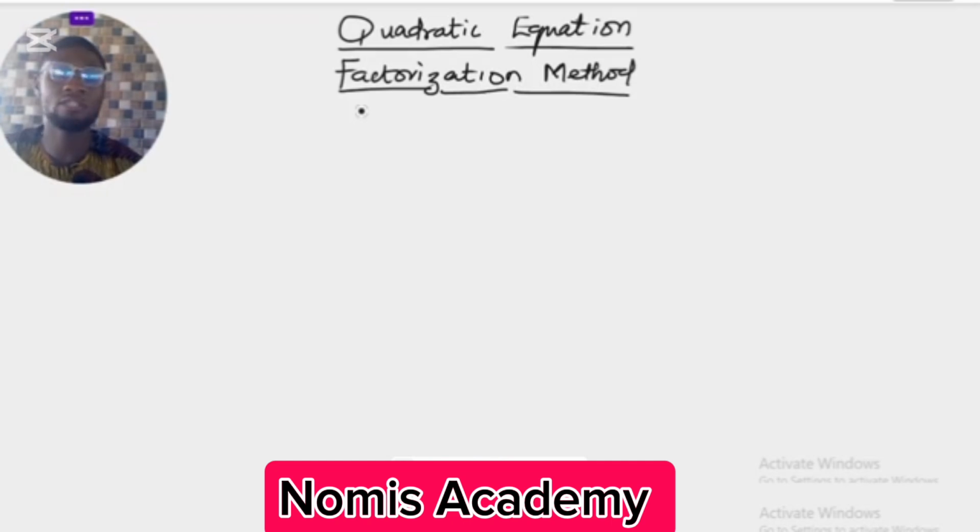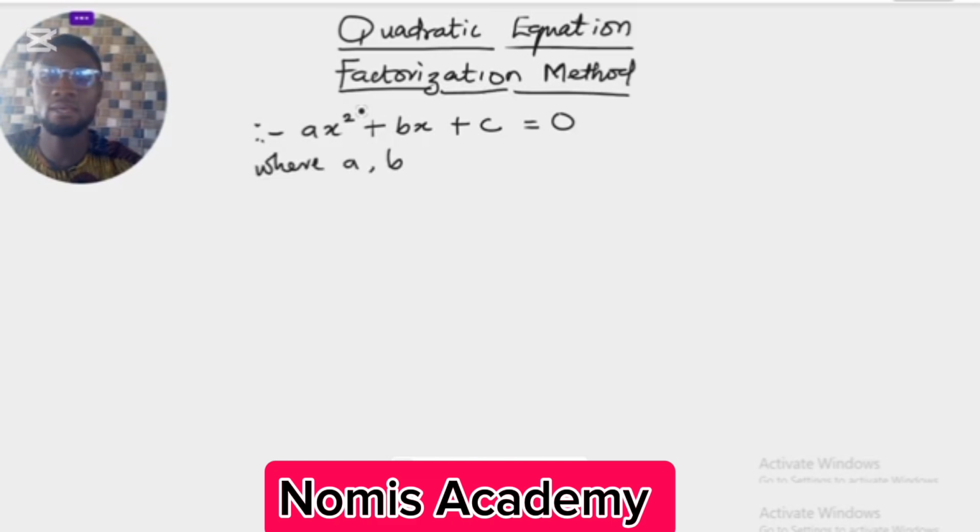And the form of a quadratic equation is thus: ax squared plus bx plus c equals 0. This is the form of a quadratic equation where a, b, and c are integers.